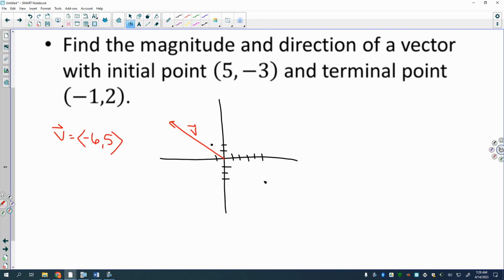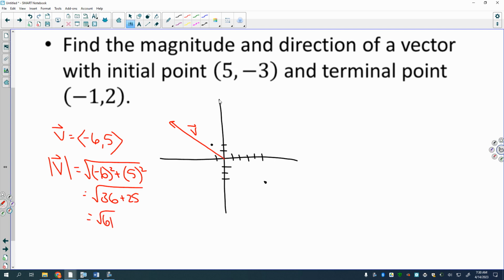And once I have that, I can use a couple of formulas to find the magnitude. So it's the square root of that -6 squared plus that 5 squared. I'll have 36 and 25, add those together, and I get the square root of 61.